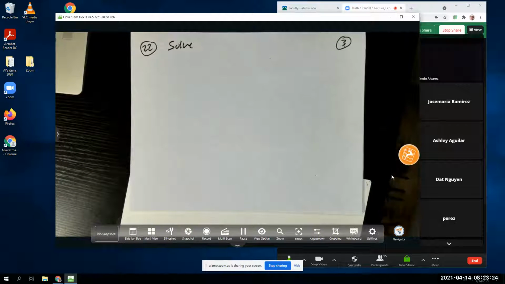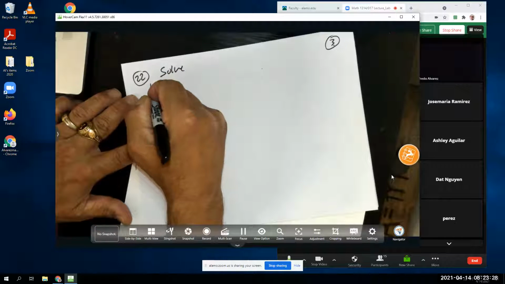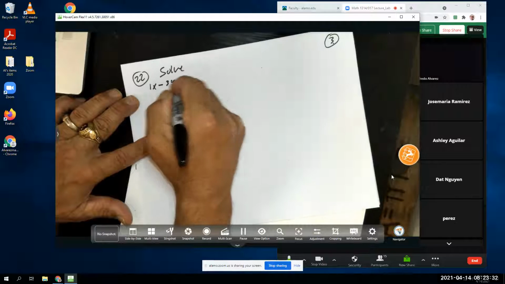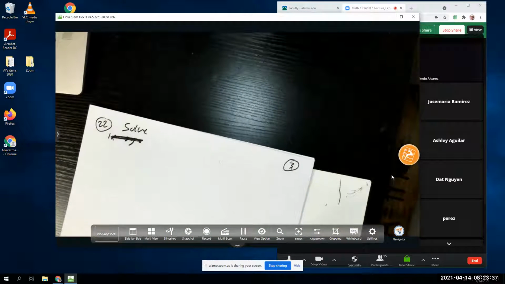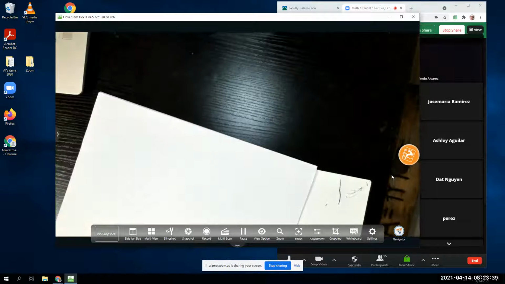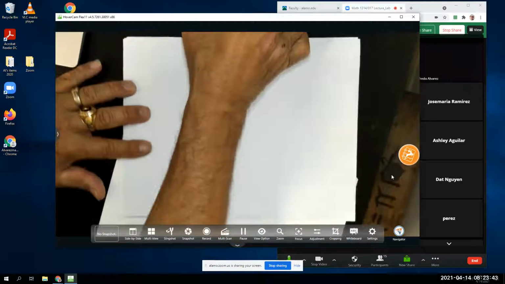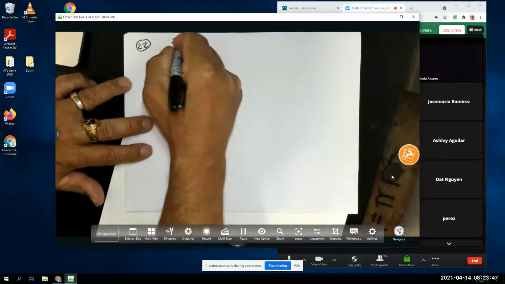Okay, this one is going to say 1x minus 3y equals 4. So this one's going to be 22. Solve.